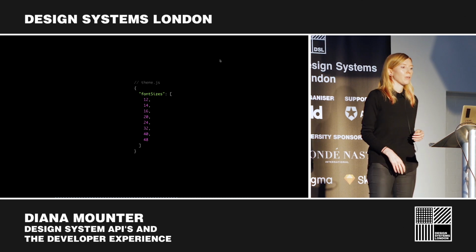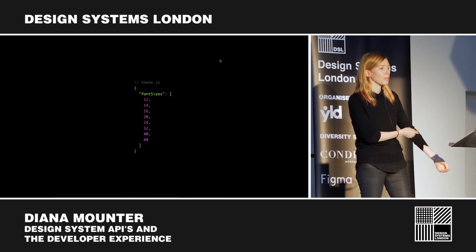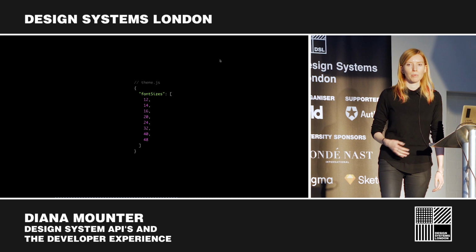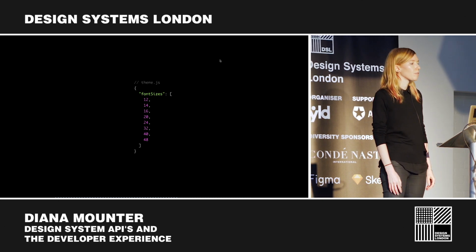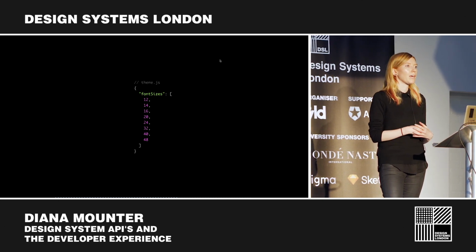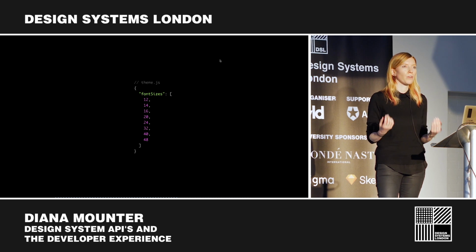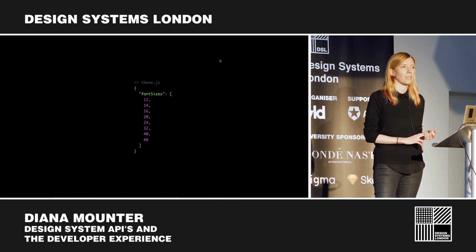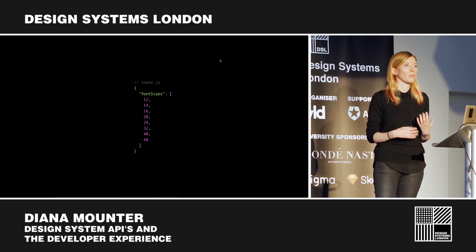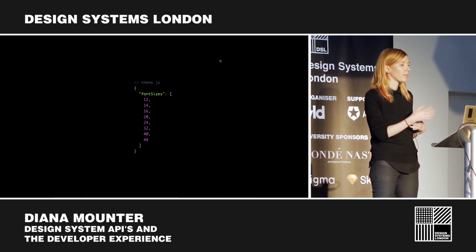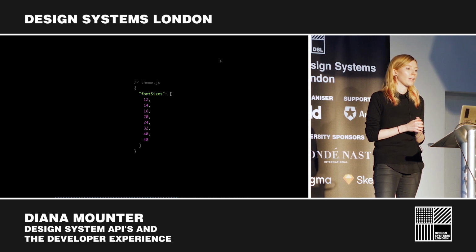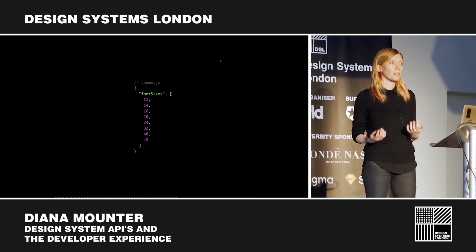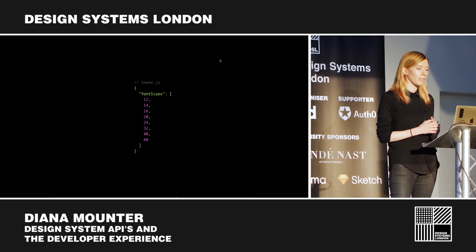So we have a theme.js file. We may end up exploring things like tokens in the future, but at the moment we have all our core themes like font sizes, line height, colors, our spacing scale, all those sorts of things. They're all in JSON objects, and then in our component library we have this theme.js file that lists all those things out.